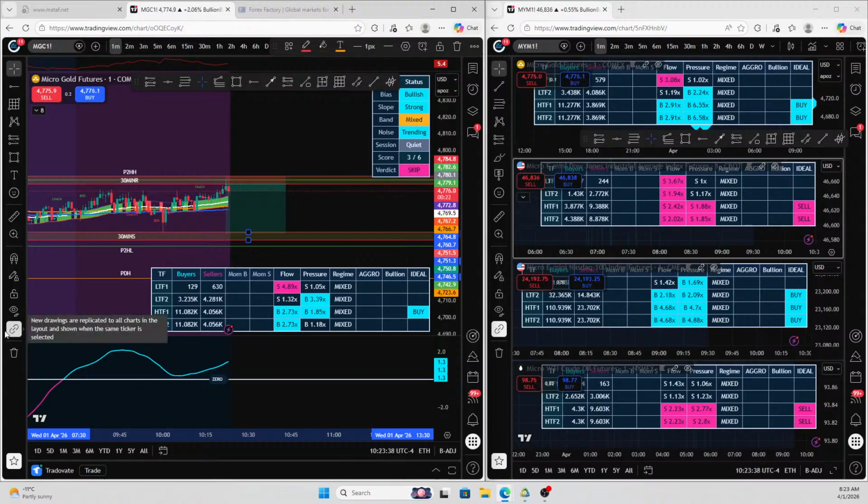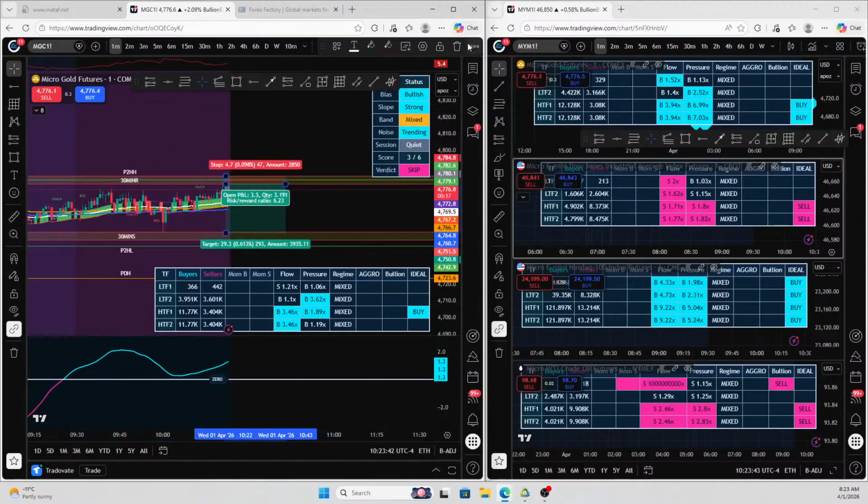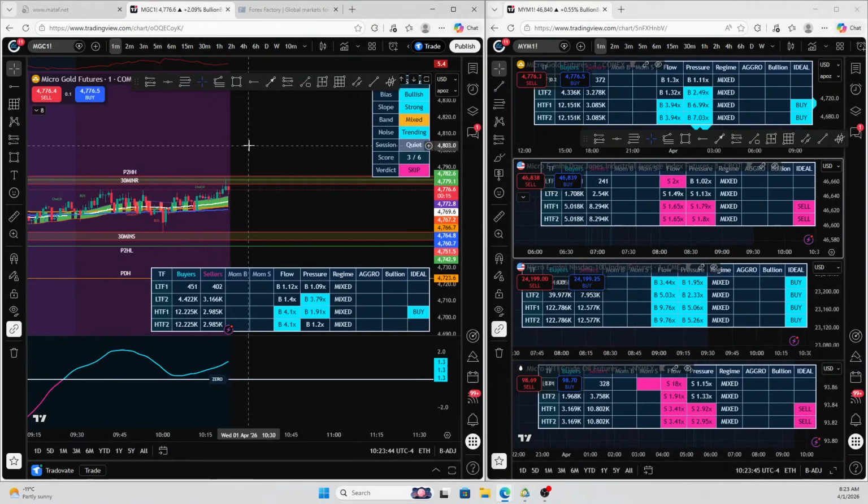The market is still in a ranging environment, so we're not taking any trades right now. Waiting for volume to establish and give us a clear one-sided move.